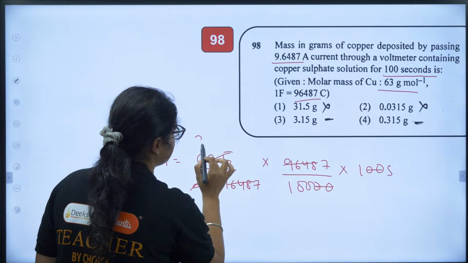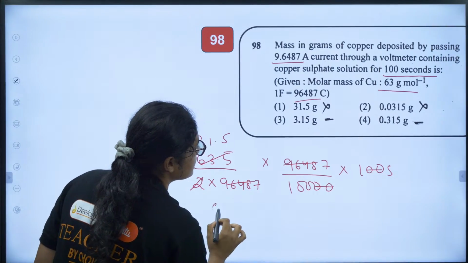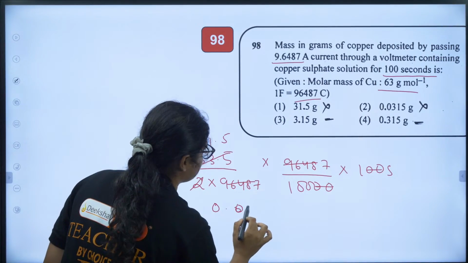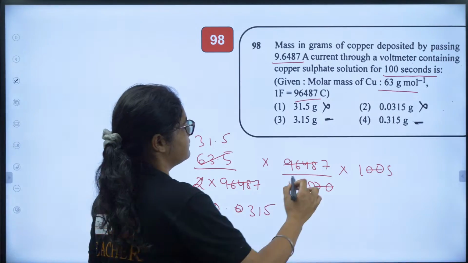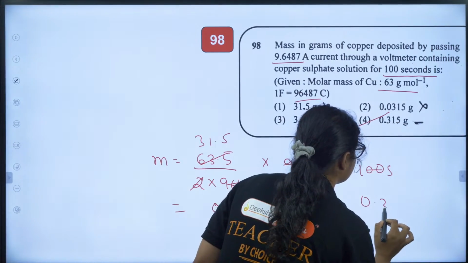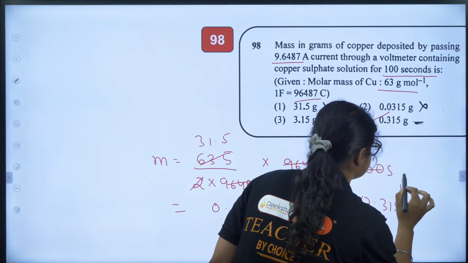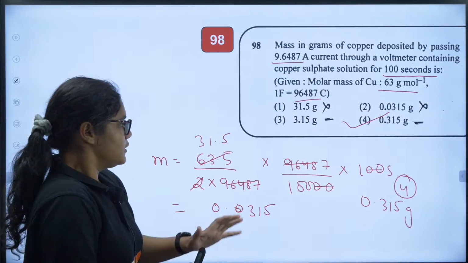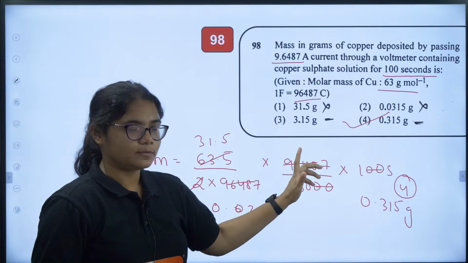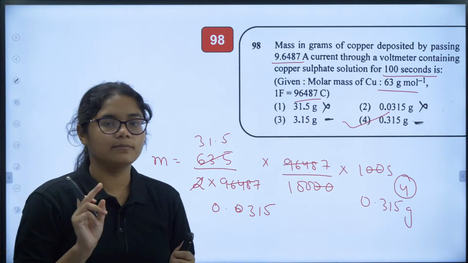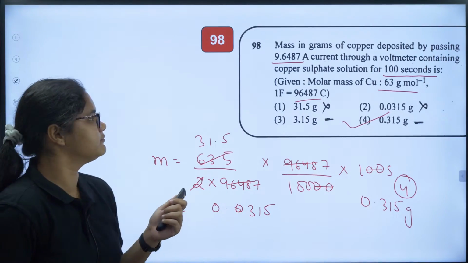So we'll get 31.5 by 100, that is 0.315. Okay, so the correct answer for this question will be option number 4, that is 0.315 gram. Option number 4 is the correct answer. So in calculation you have to be very careful. The decimal places are given, confusing options are there. So you have to mark option number 4, that is 0.315 gram.